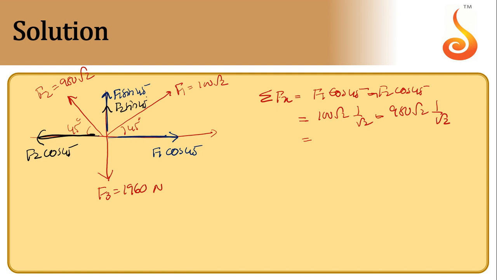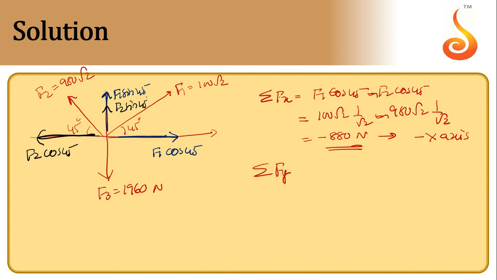I should write difference. So 100 minus 980. What is the value of 100 minus 980? 100 minus 980 is nothing but minus 880 newtons. Which means that this is along which direction? Negative x-axis.